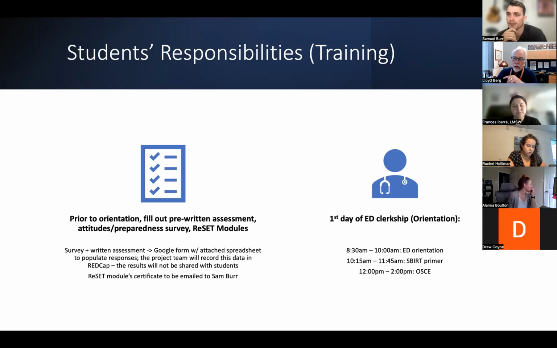So we would need to have at least one, if not two, trainers involved for each of these OSCEs. But it doesn't have to be Mary.